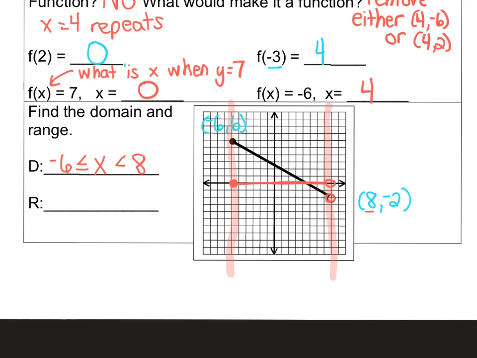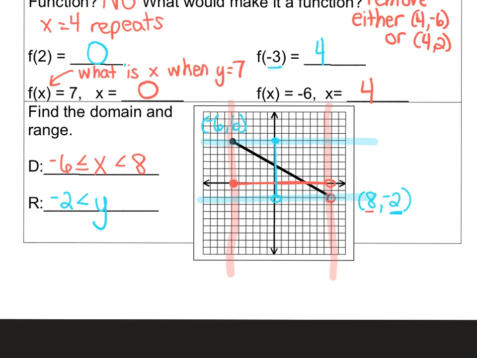So that's how we write the domain. So remember, the range is your vertical movement, so it has to be sandwiched in between. If I were to straighten it out, it's going to be between these 2 points. So I like to write it from least to greatest, just because I can keep all of my inequality signs facing in the same direction. So I'm going to start over here with -2, and notice that that is an open circle. So -2 is just less than y. Make sure you use y for range.